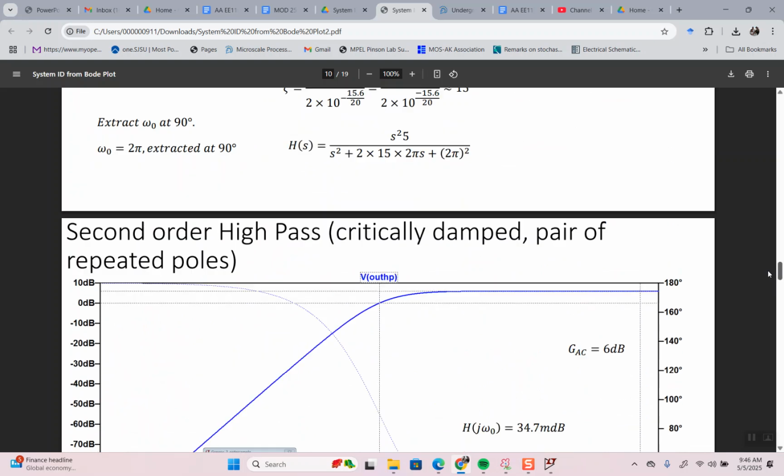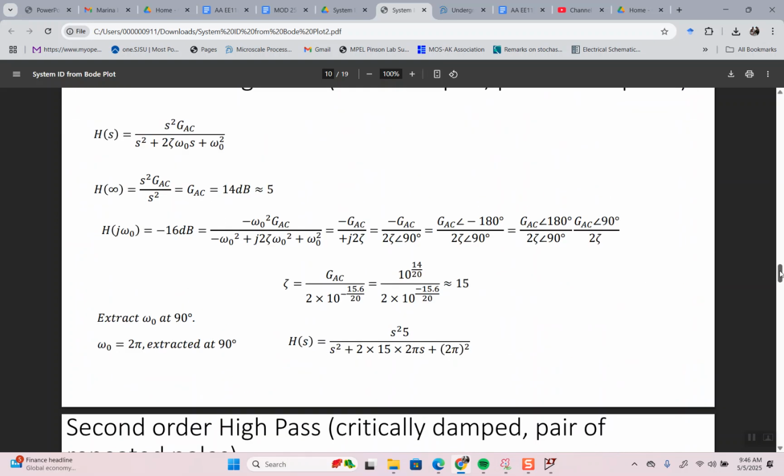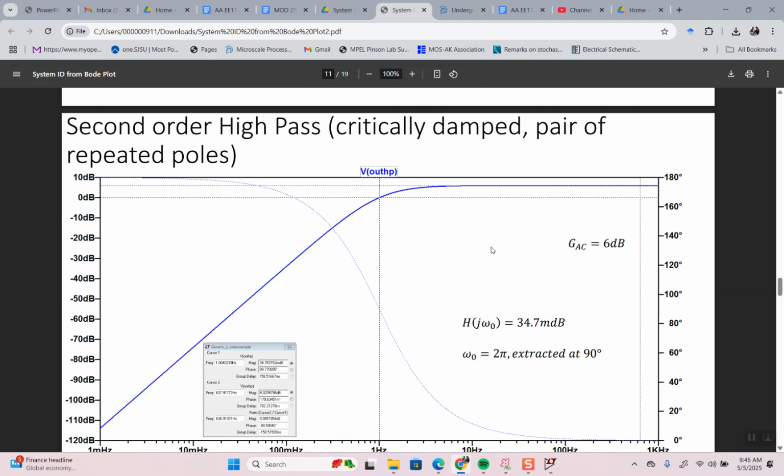So think about it. This was down by minus 15 and change. Now it's down about 6 dB. So I know that it's in the critically damped range, right? The gain at AC also happens to be 6 dB, right?